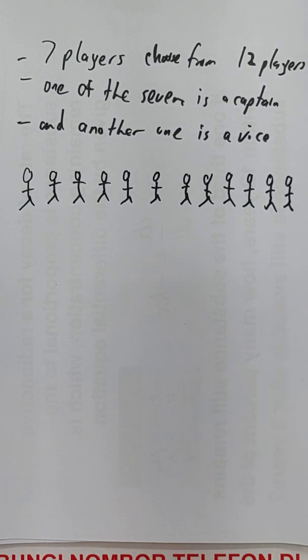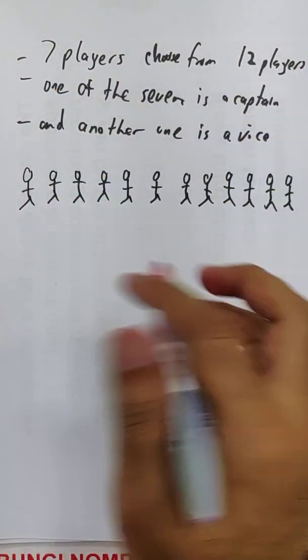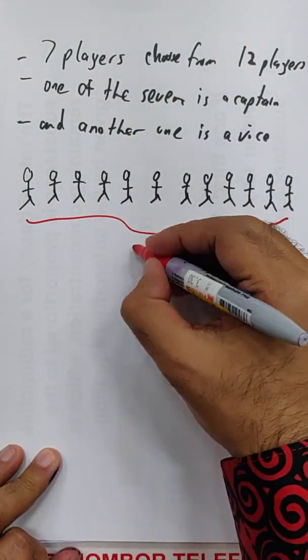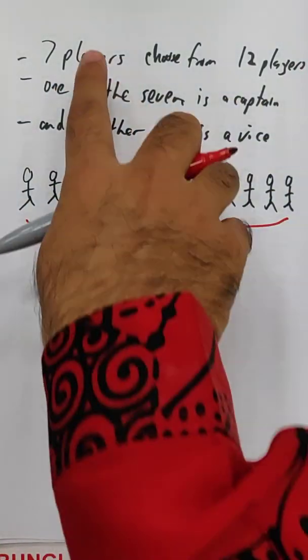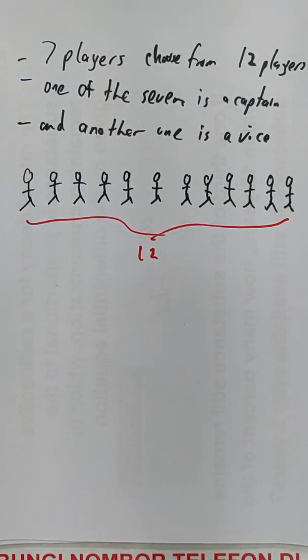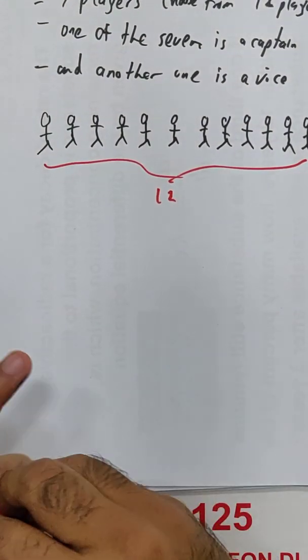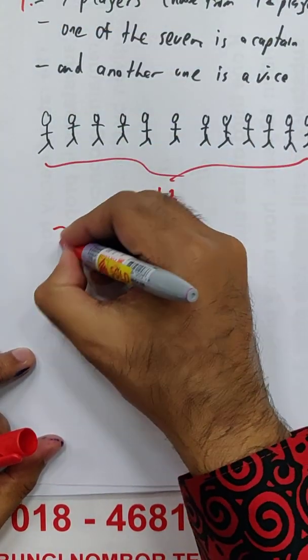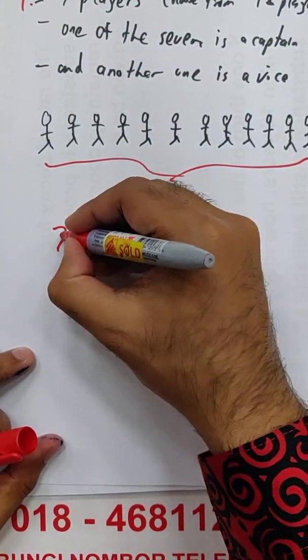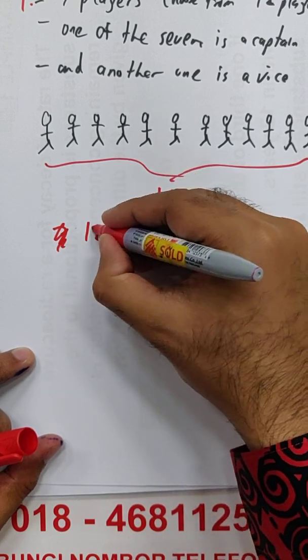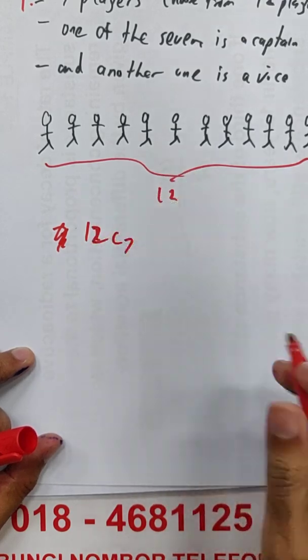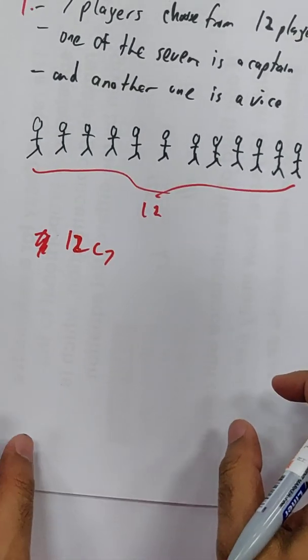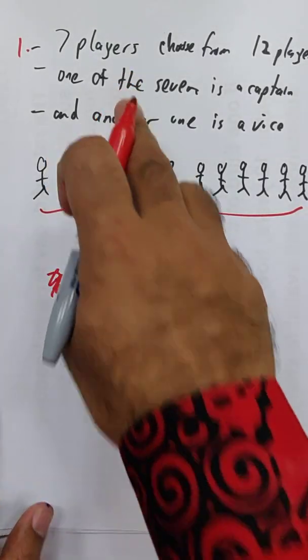Okay, with the power of NVIDIA and GeForce or Radeon, for those who know. So we've got 12 players right now, and I'm going to choose only 7. So it's going to be simply the first case, 12C7.